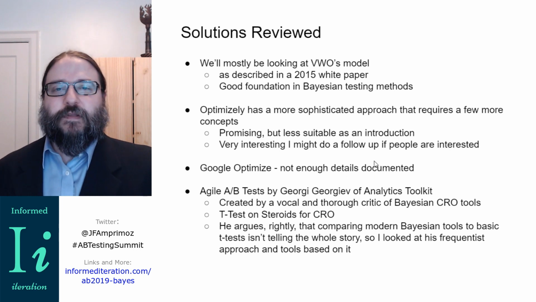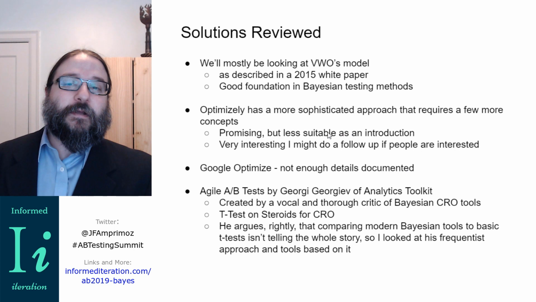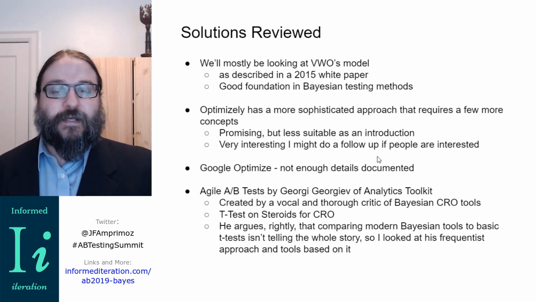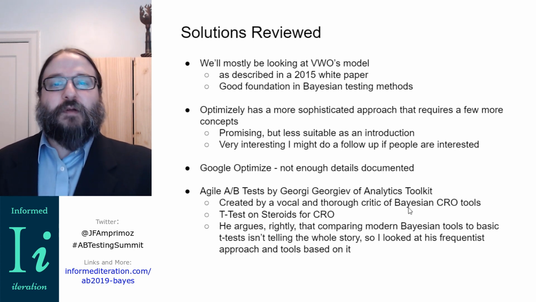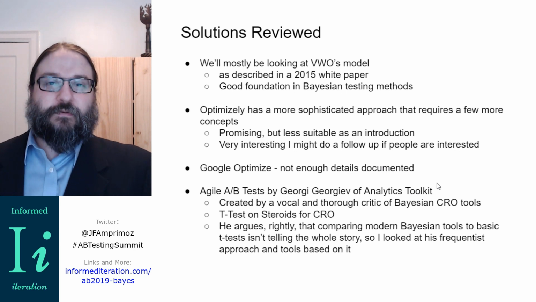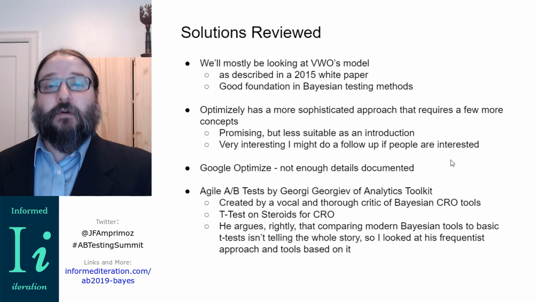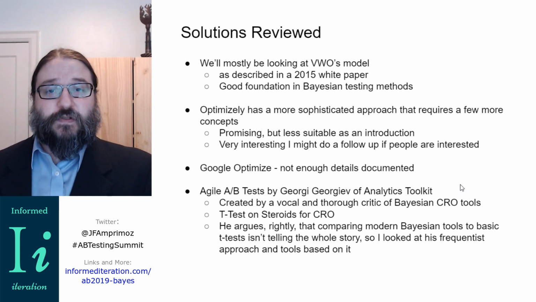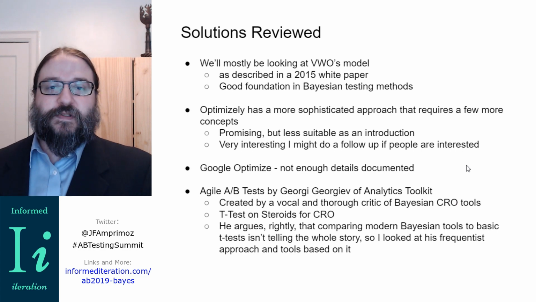He makes the point that a lot of these Bayesian claims are great if you compare Bayesian methods to a t-test we've been using for 100 years, but there are more modern improvements you can do with t-tests and other methods that aren't Bayes. So I took his tool into account as a non-Bayesian example of a specialized modern tool for CRO purposes.